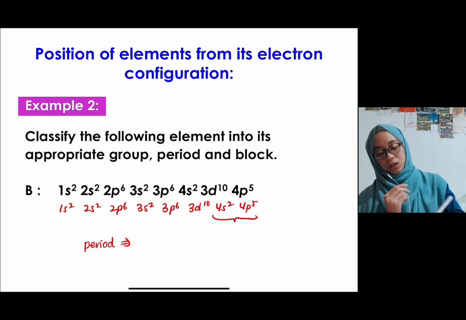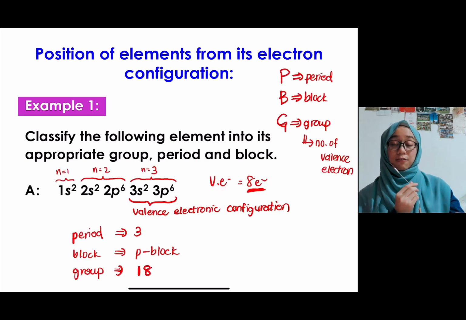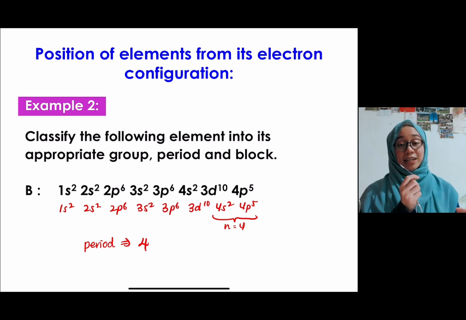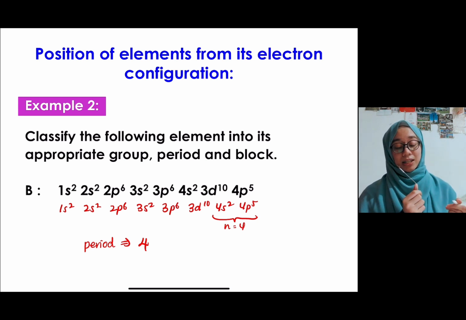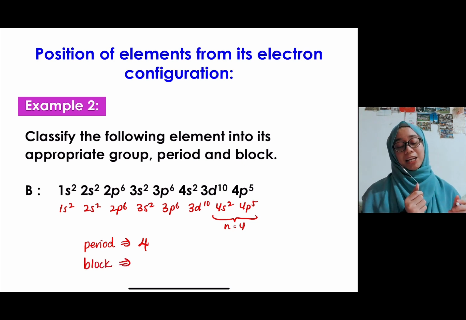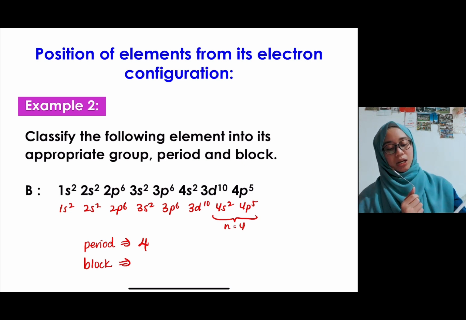Therefore dia dalam period 4. Okay, so lepas kita determine the period, the next one is kita determine the block. Okay, so block pula kita tengok what is the last orbital yang kita isi. So the last orbital yang kita isi adalah P. Therefore this is P block.